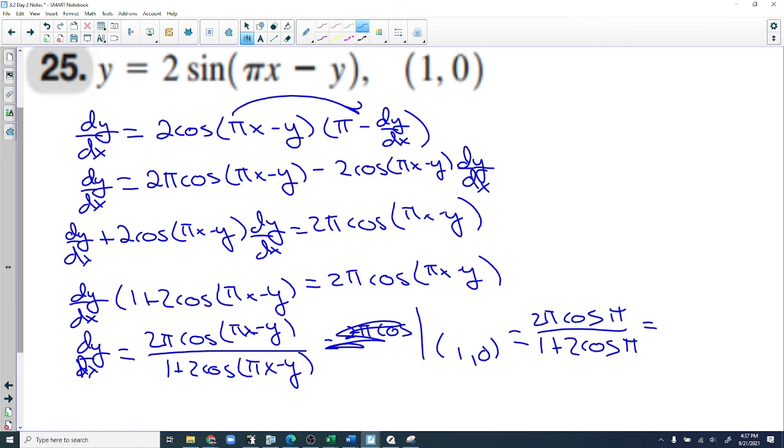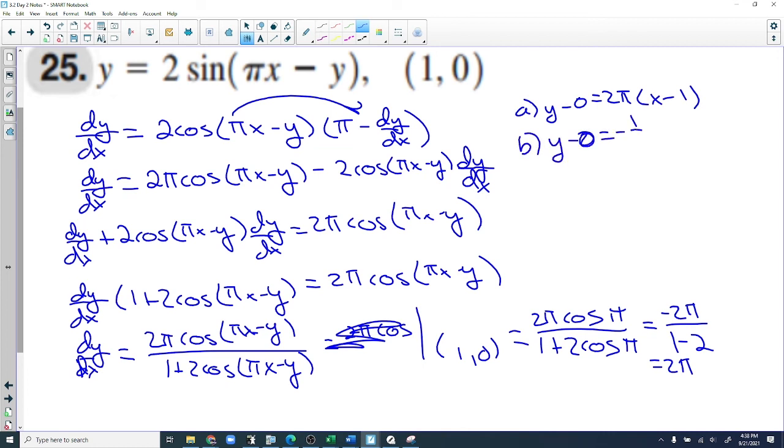Cosine of pi is negative 1. So negative 2 pi over 1 minus 2, right? Because cosine of pi is negative 1. That's negative 1, so 2 pi. That is the slope. So A, y minus 0 equals 2 pi times (x minus 1). And B, y minus 0 is equal to negative 1 over 2 pi, times (x minus 1).